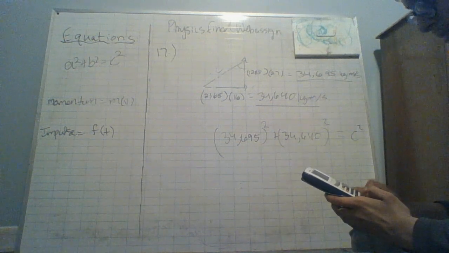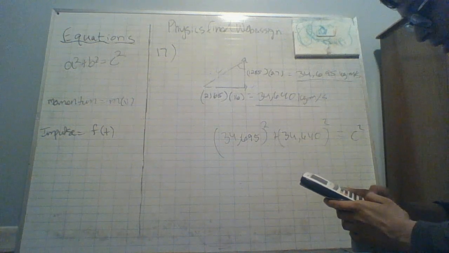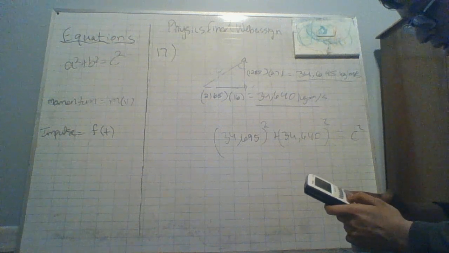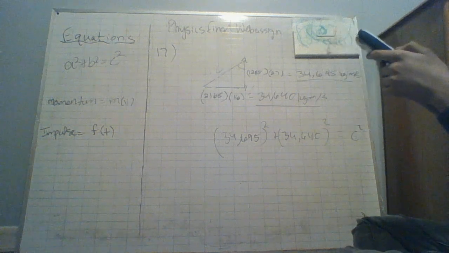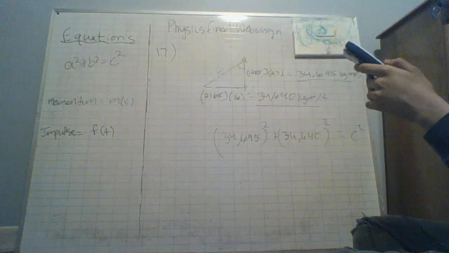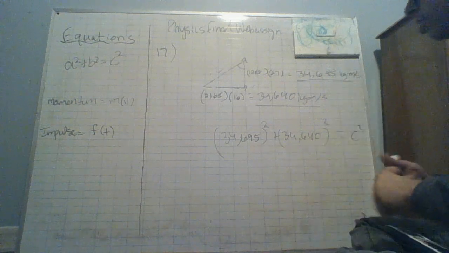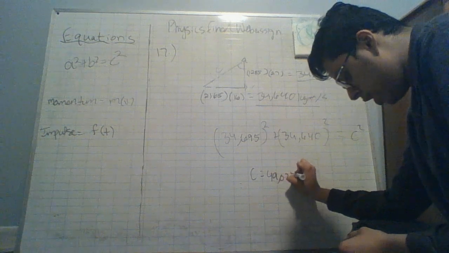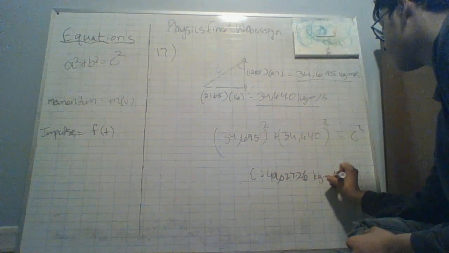Now let me plug that in. And remember to square root the C once you get to it. I got C is equal to 49,027.26 kilograms times meters a second.